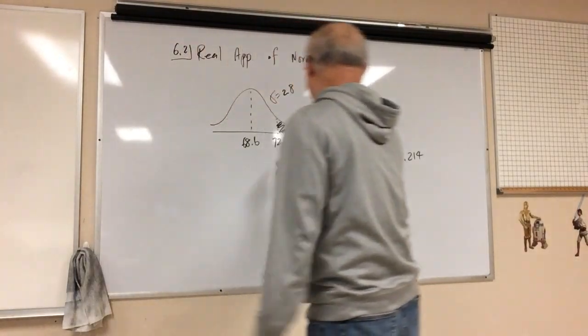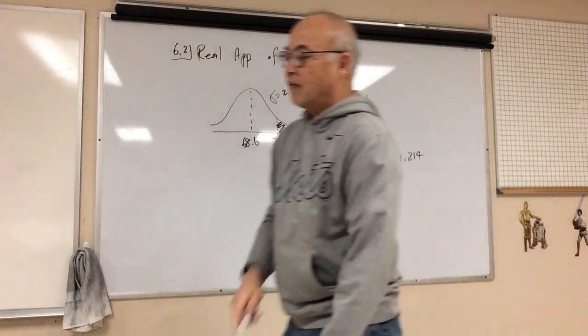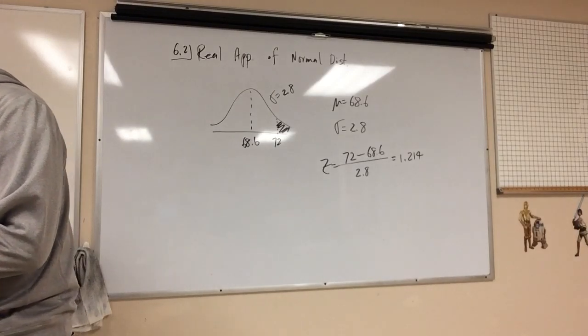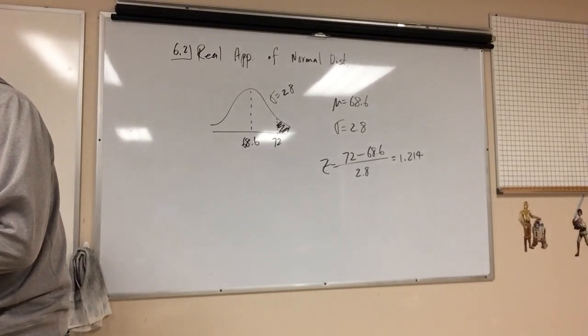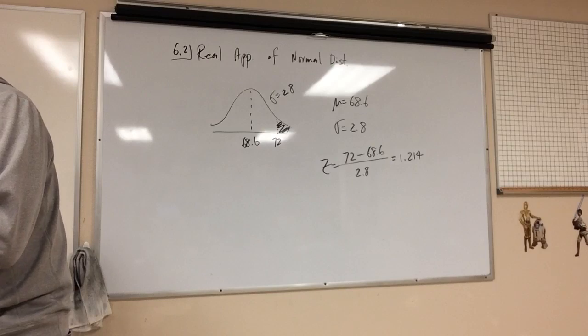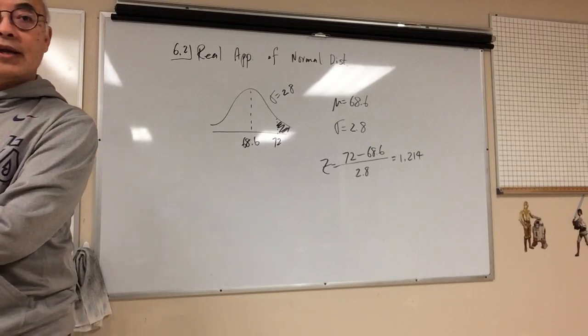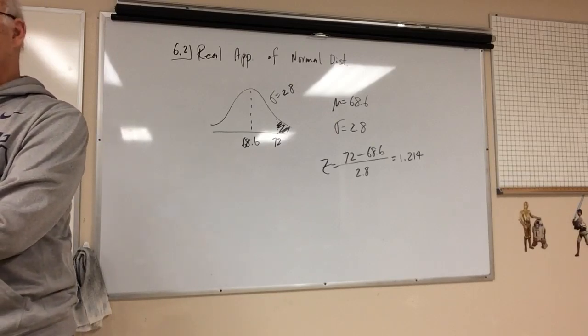So I have a positive z-score of 1.214. If I go to 1.21, we'll just read off 1.21, what do I get? 0.8869. Everybody see that? Are we able to put a finger on that number?